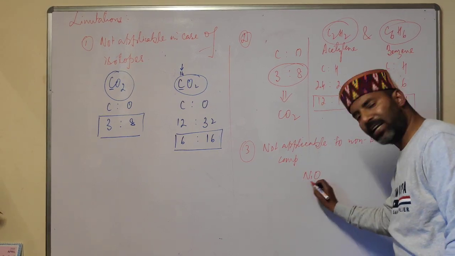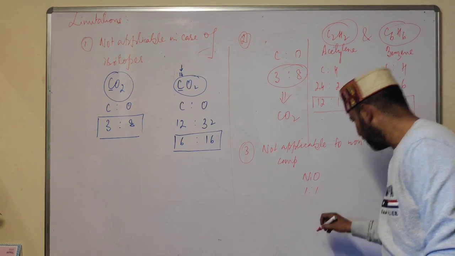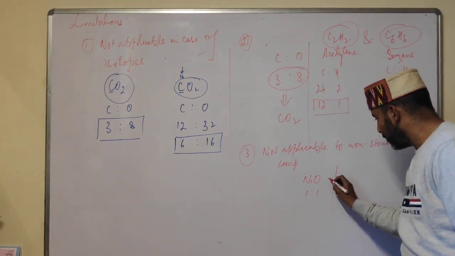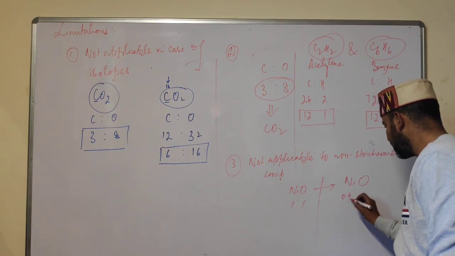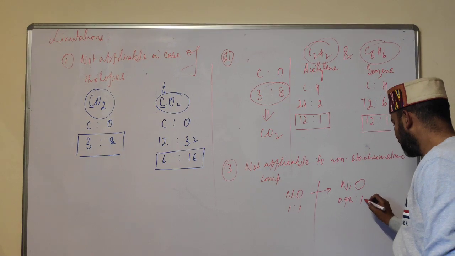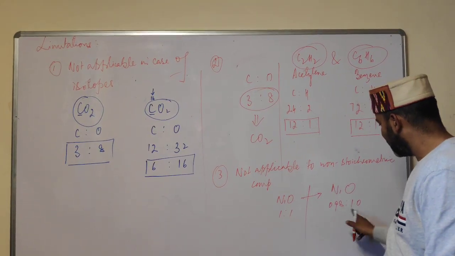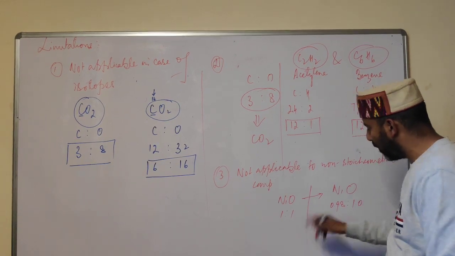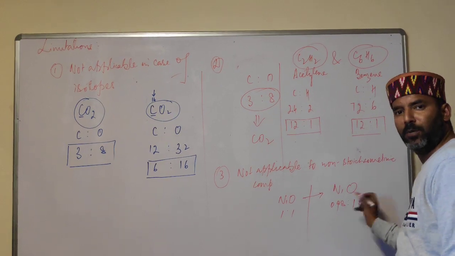Like when we write nickel oxide, we see one nickel combining with one oxygen. But students, we find that nickel oxide is non-stoichiometric. It has some defect due to which the composition is a bit different. The ratio of nickel and oxygen is not 1:1, but 0.98:1. So obviously the weight of nickel in this compound and in the ideal compound will be different.